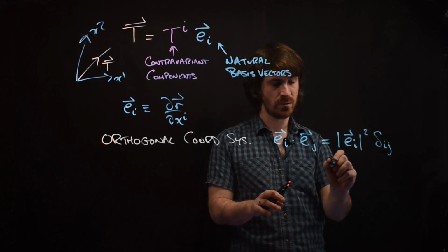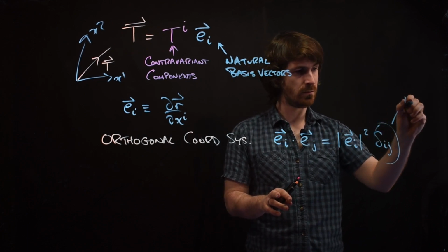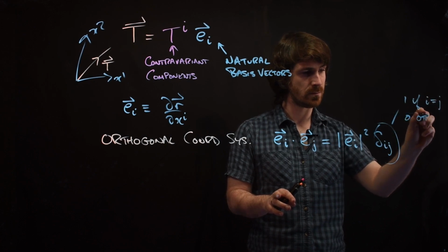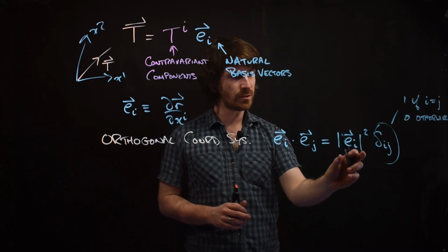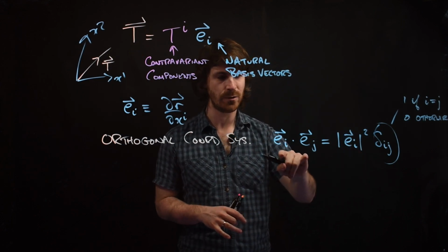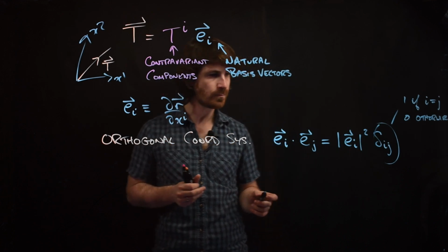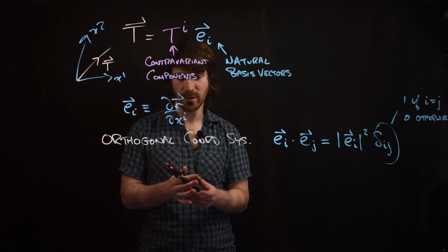Okay, which is 1 if i equals j, and 0 otherwise. And we have this mod squared because these are not necessarily unit vectors, as we saw in the polar case previously. But with this, we can easily get the component.